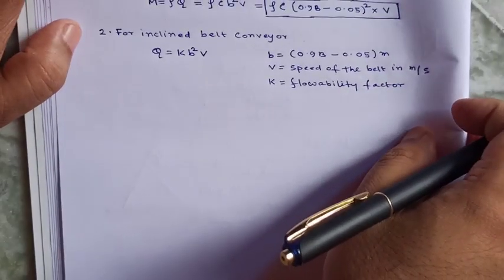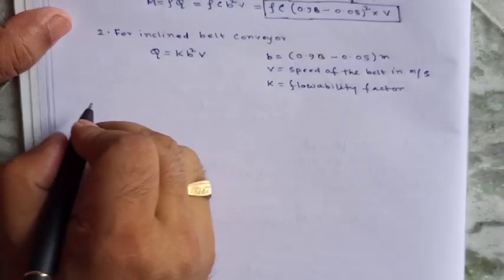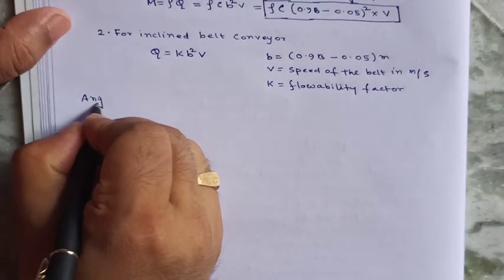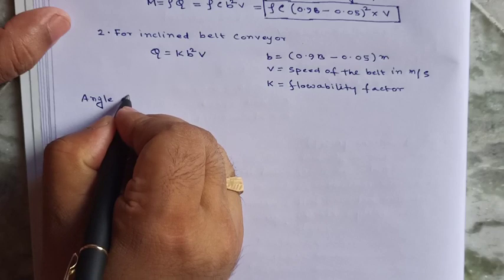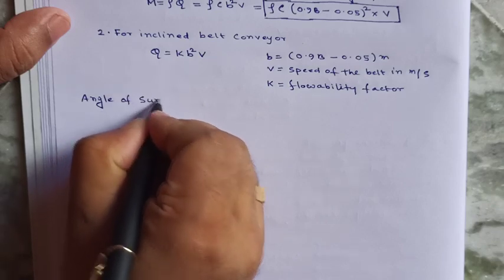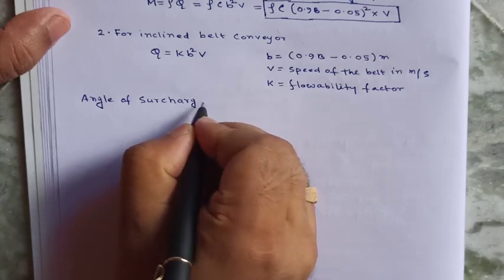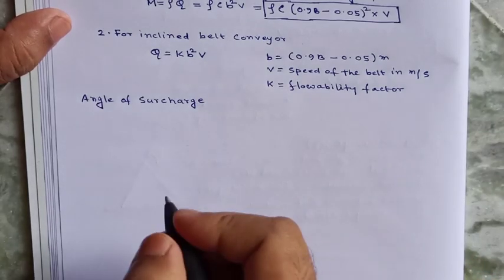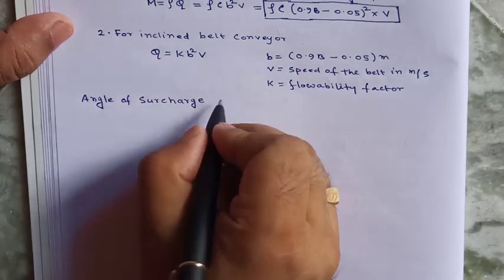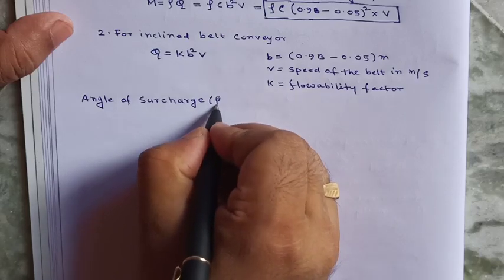Now I am going to the angle of surcharge, which is denoted by beta.